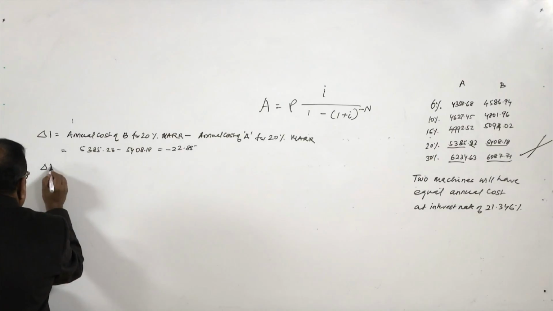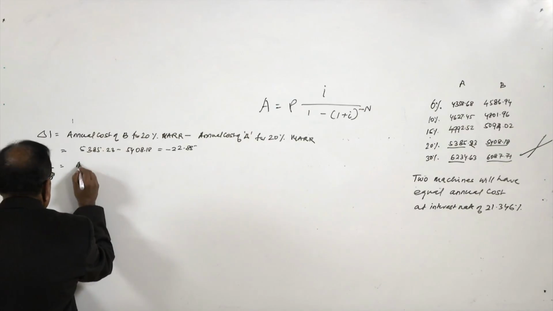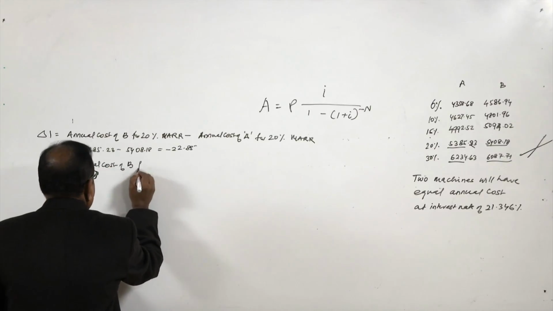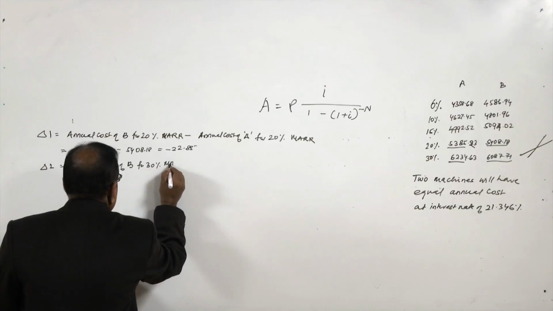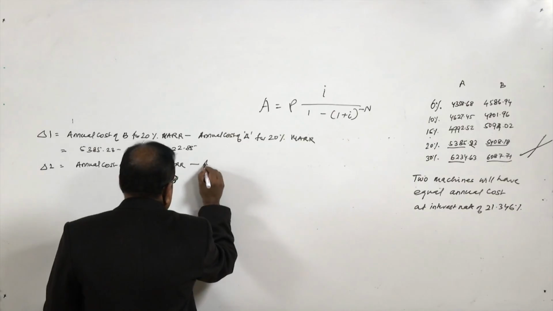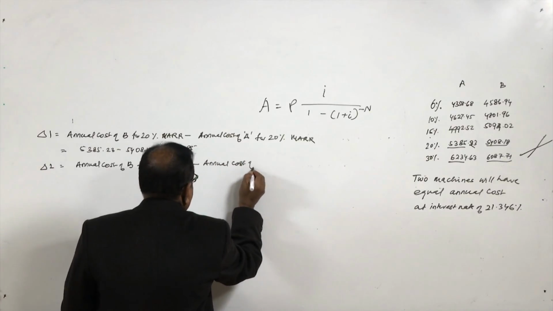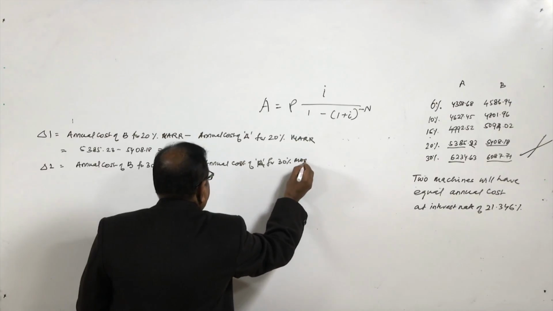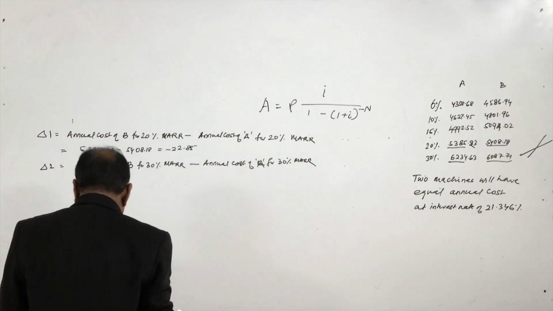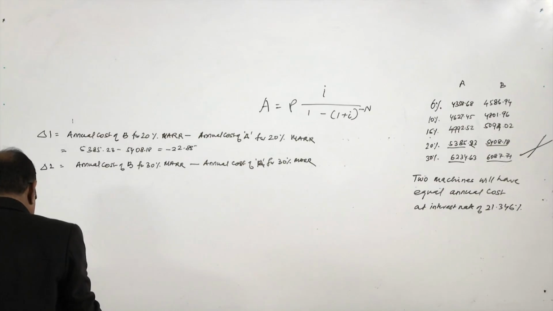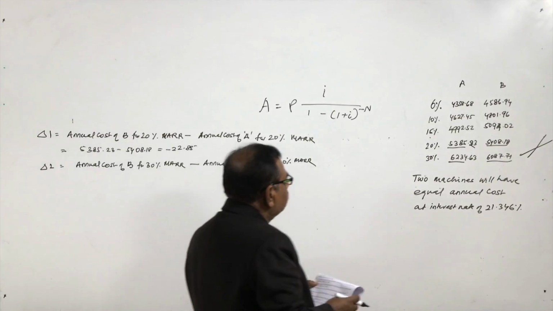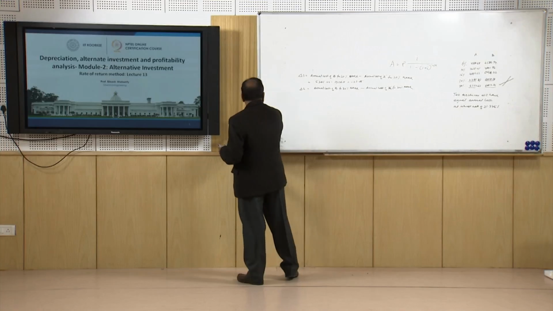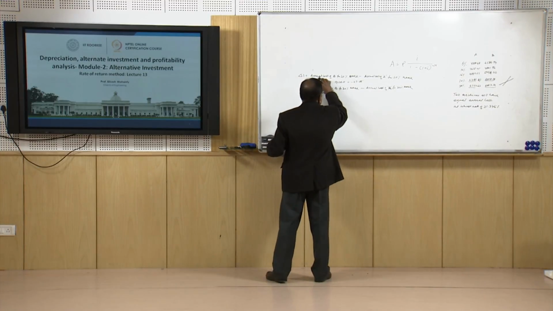Now, delta 2 is annual cost of B for 30% MARR minus annual cost of A for 30% MARR. Sorry, this has to be reversed.